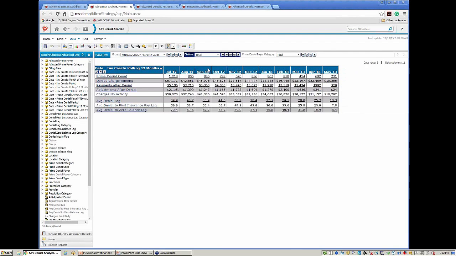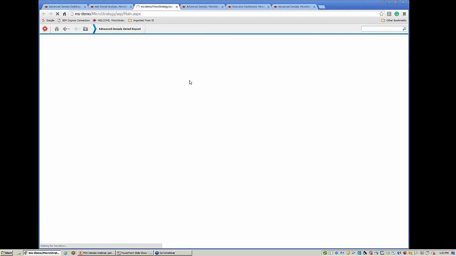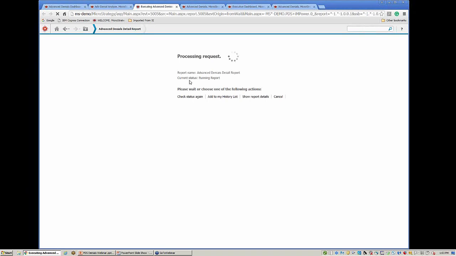Things that couldn't be done even 5 years ago have just gotten so easy, where people can slice and dice through data and drill all the way down to what's going on with denials and looking at denial rates. One of the biggest challenges, though, with this technology is that you take a subject like rejections or denials.